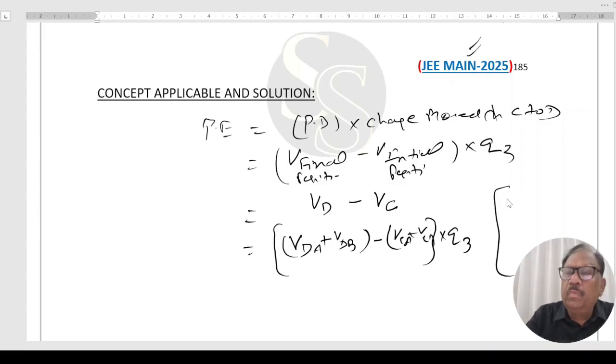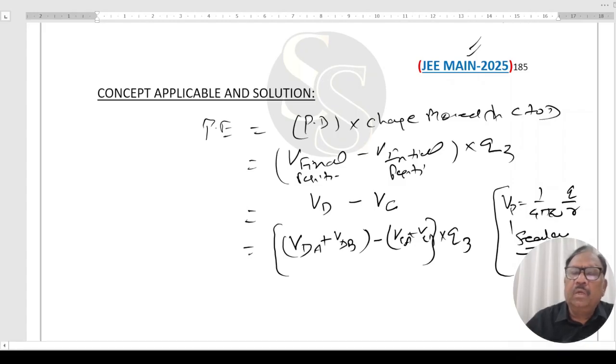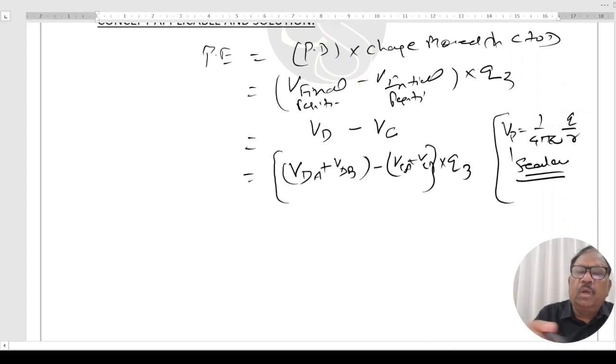We know V at a point is given by 1/4 pi epsilon naught Q upon R. It is a scalar quantity, can be added algebraically, right? So this is potential at point D due to charge A, potential at D due to charge B. 1/4 pi epsilon naught taken common.